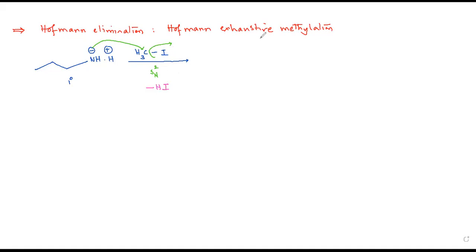Now, what do we get? First methylation is done. You got a methyl group. So this is a secondary amine. Now let me just make a small change in this.